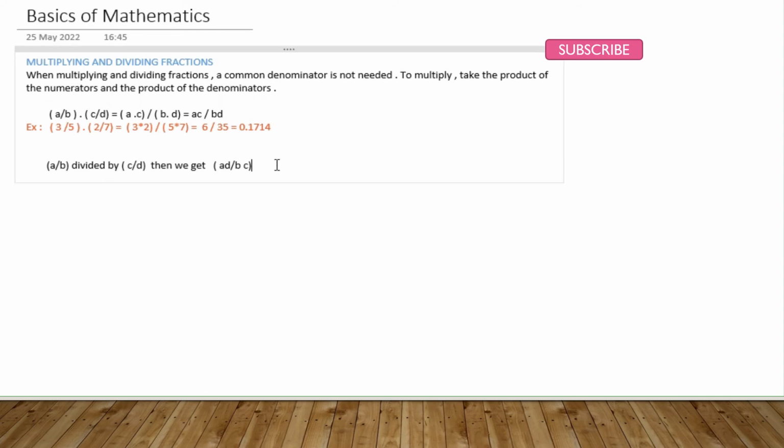Next I am going to explain reducing fractions. I'm going to give the definition for this.